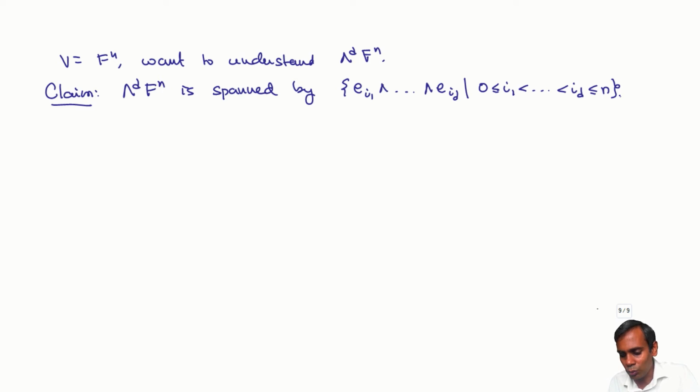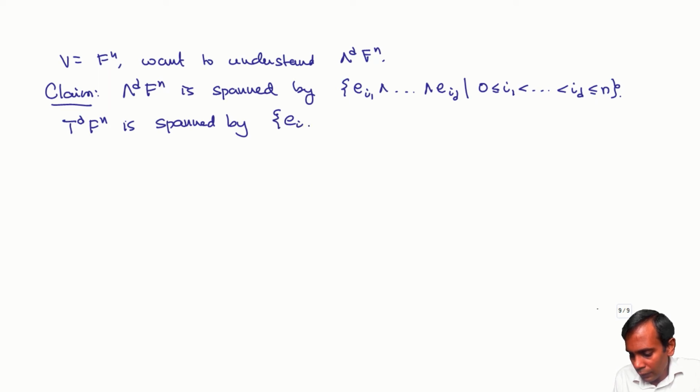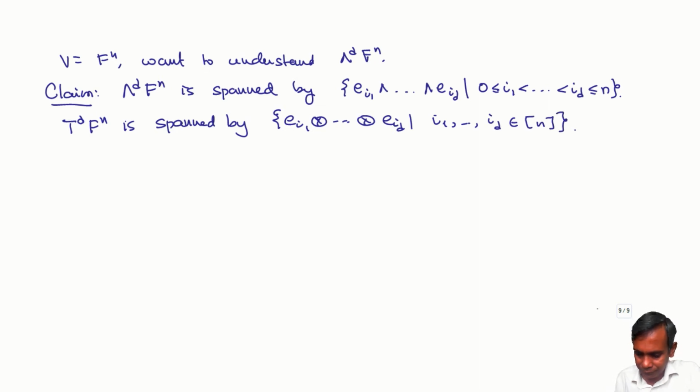Basically, we are going to do certain moves. Clearly, T^d F^n is spanned by e_i1 tensor through e_id, where we don't have any order on i1 through id. They are just elements between 1 and n. And then by modifying this element of T^d F^n by elements of I, we will be able to arrive at an element where these indices are in strictly increasing order.